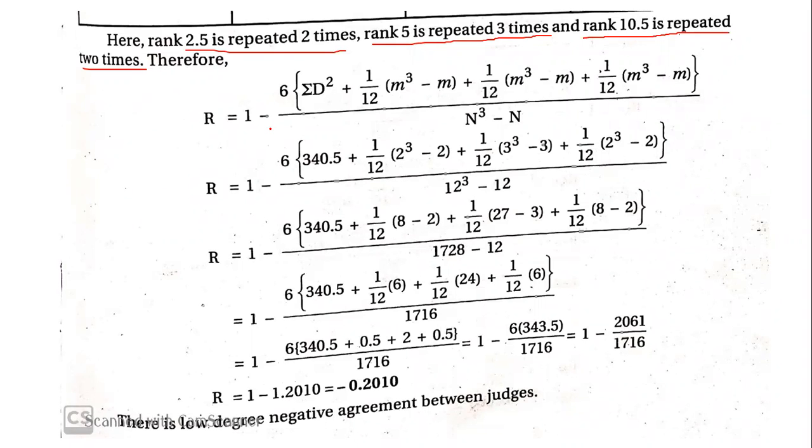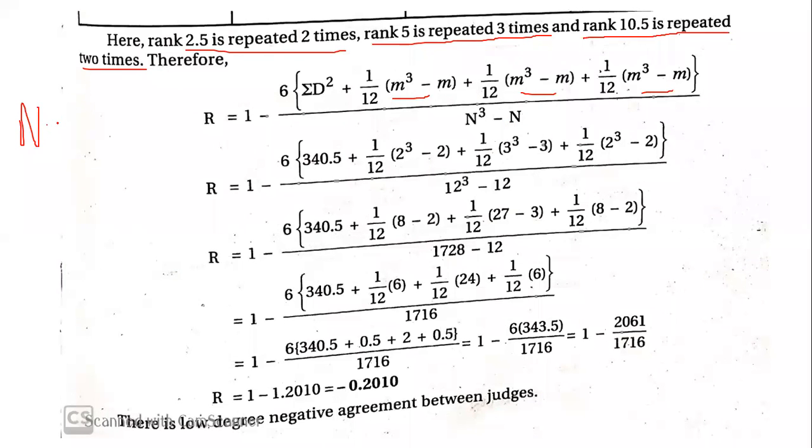R is equal to 1 minus 6 into [sigma D square plus 1/12 into (m cube minus m) plus 1/12 into (m cube minus m) plus 1/12 into (m cube minus m)]. Since we have 3 numbers, 2.5, 5 and 10.5, that is why we are taking 3 terms. Okay, whole divided by n cube minus n.